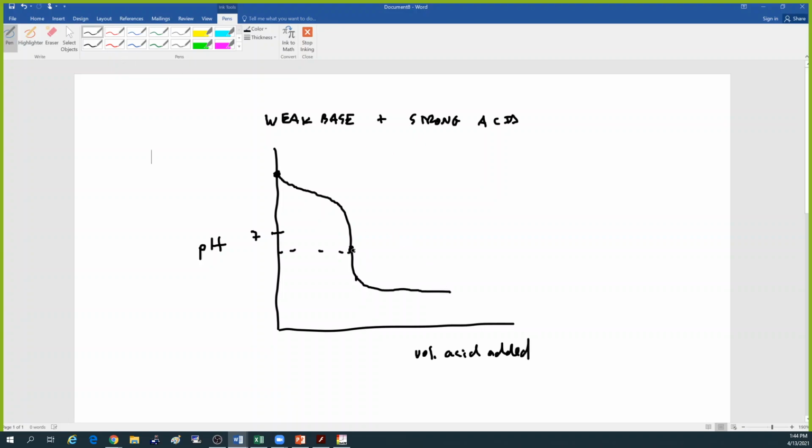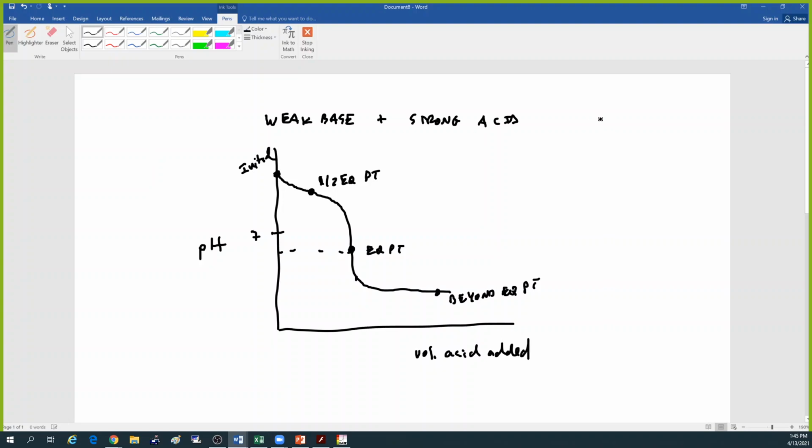So here's our equivalence point. Here's our half equivalence point. And here's our beyond equivalence point. Here's our initial.